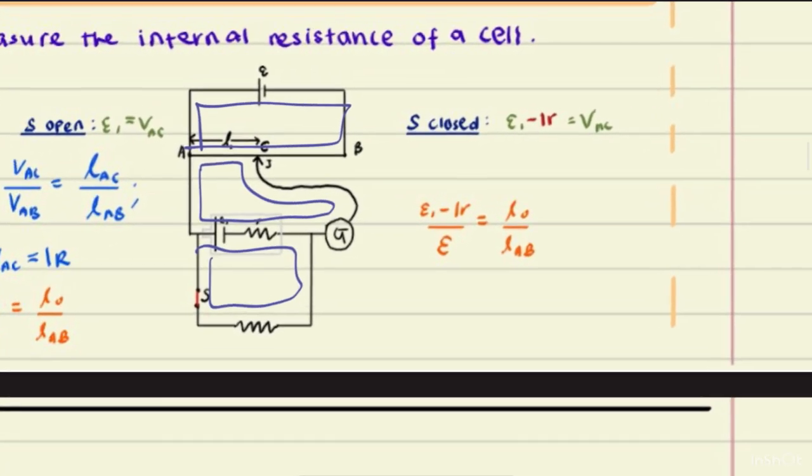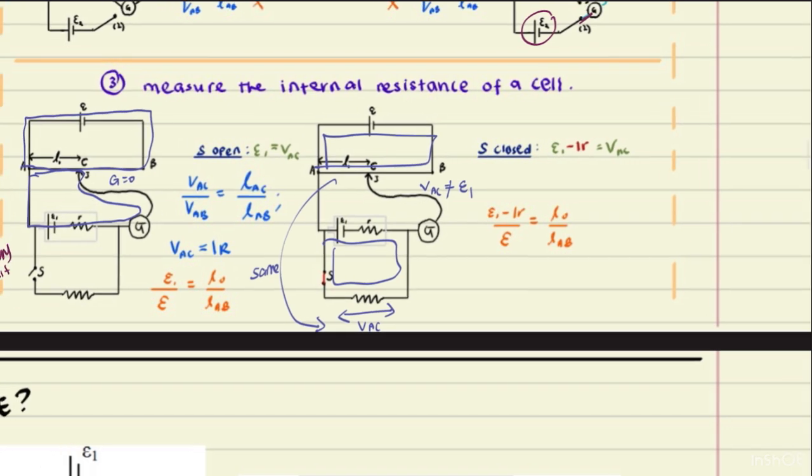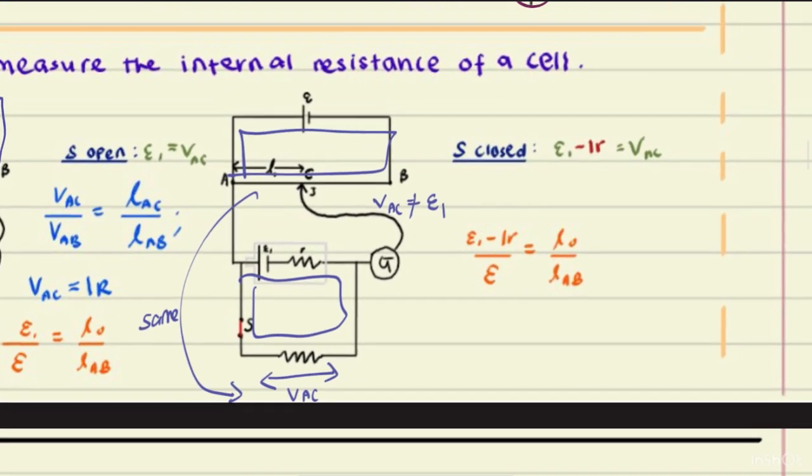And one thing to note ialah VAC no longer equals to the EMF, EMF 1. Okay, tapi VAC akan sama dengan this one. Okay, so when S1 is closed, E1 ni masih sama.